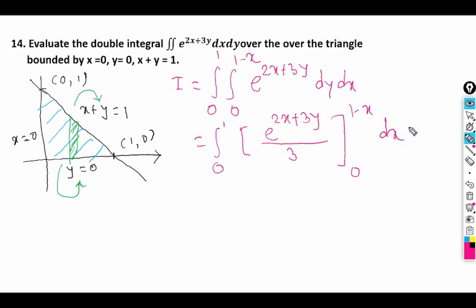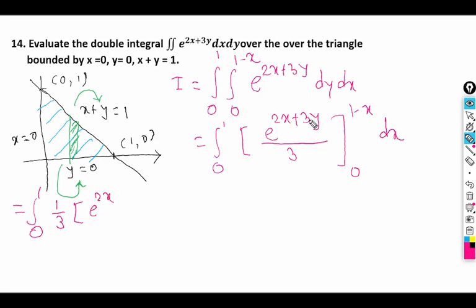Next step, I will write this side. So we put the limits here with integral 0 to 1. When we put upper limit, when we replace y by 1 minus x, see 1 by 3 is a constant as it is, e raised to 2x.